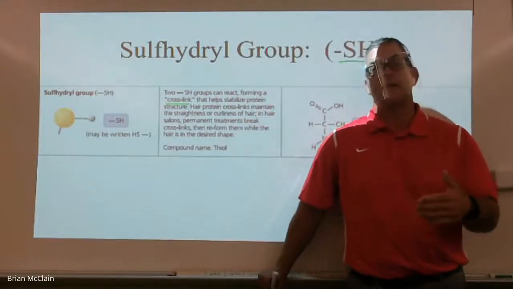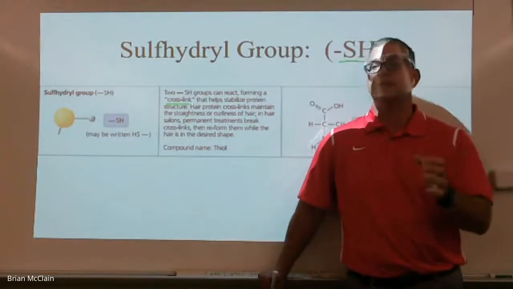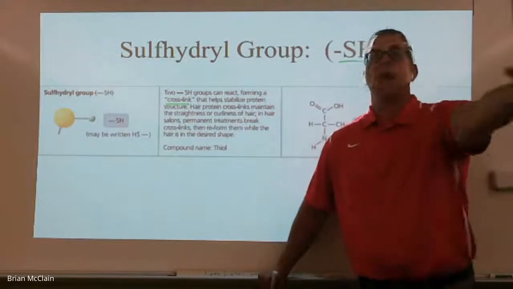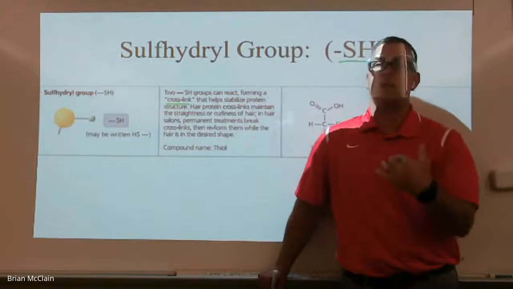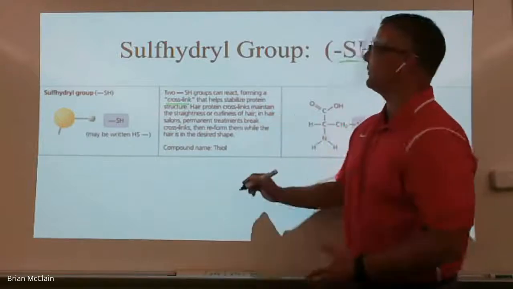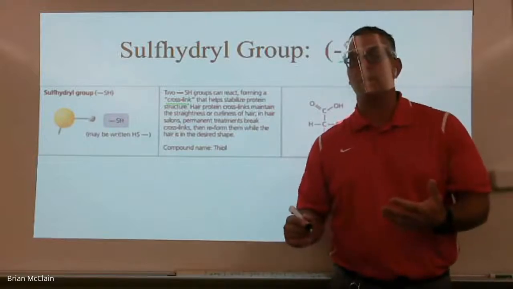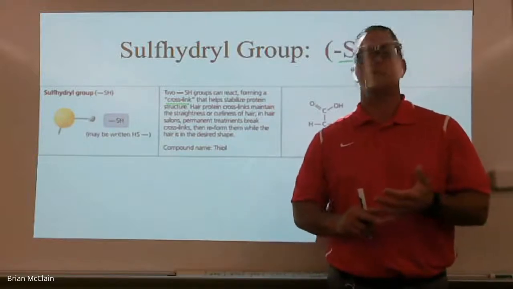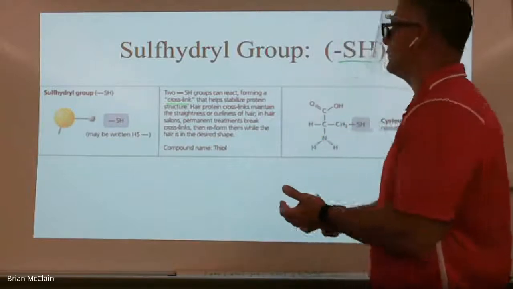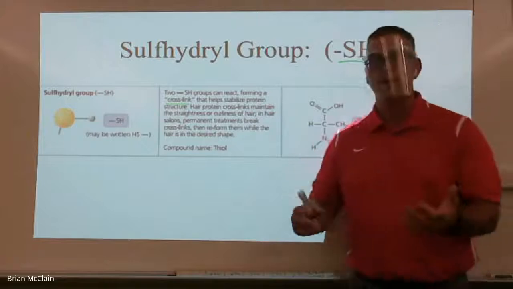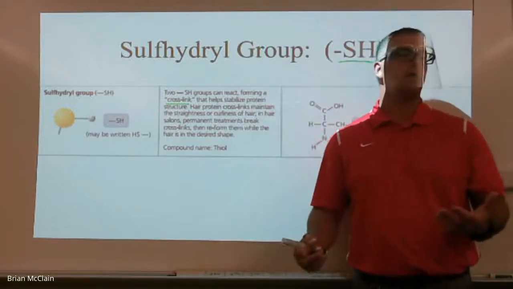Because your DNA coded your amino acids to be in a certain sequence, and your proteins in something like your hair are going to have a certain combination of building blocks with certain types of sulfhydryl linkages. So you can kind of force it that way. You can change that structure with chemicals. So sometimes people will use chemical straightening products or chemicals to curl something. But after a period of time, it goes back to what your DNA is coding for.